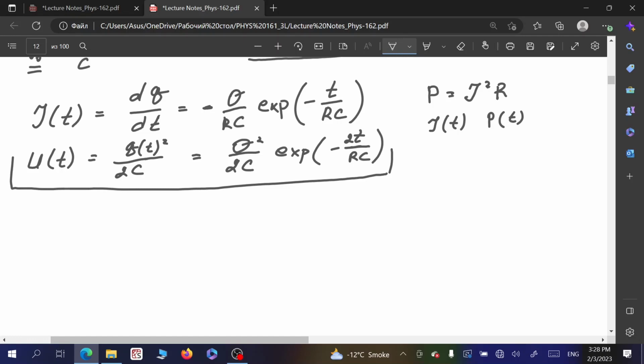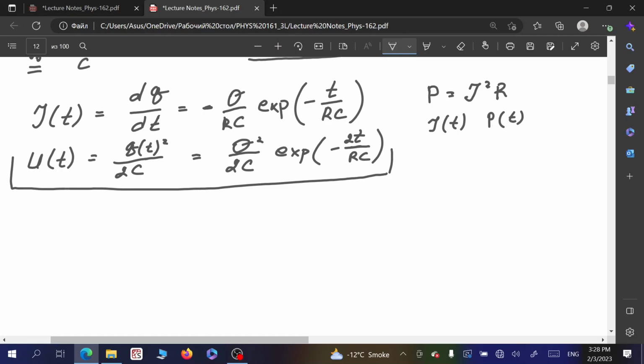So now let us consider the total power, which will dissipate over load resistor during discharge of this capacitor from maximum charge to 0.